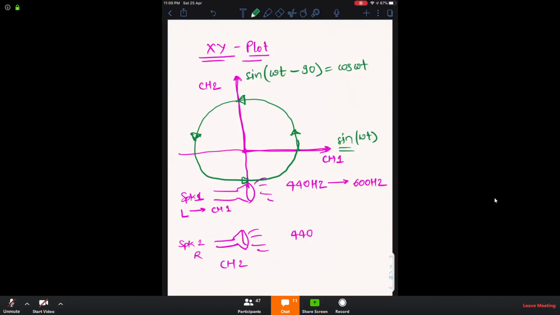For a demonstration, I will make this on the scope.